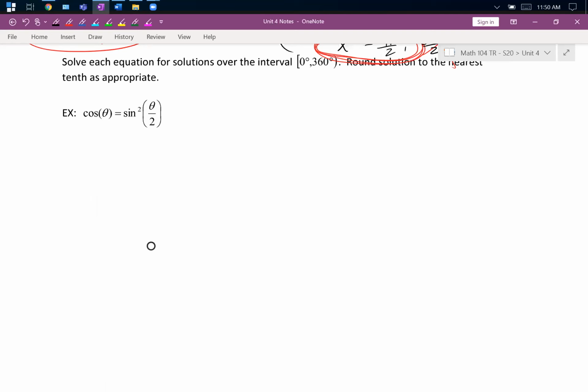Would you do the power reducing one first? Jordan, you're coming out of left field with all these things. Yeah, I guess we could. That's not what I was thinking, but sure. Okay, let's try that.